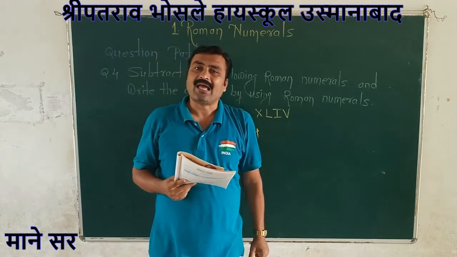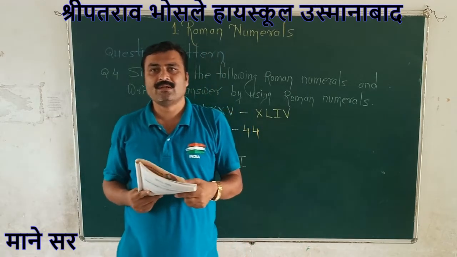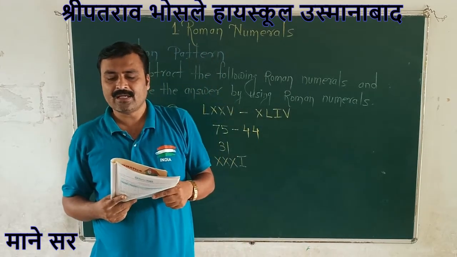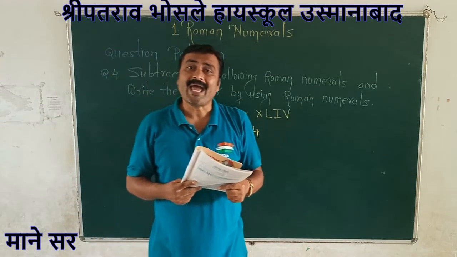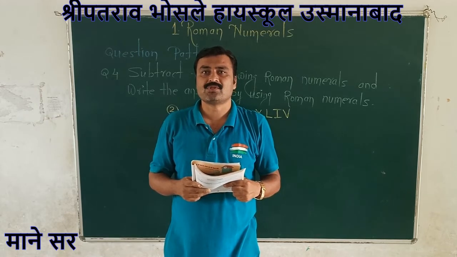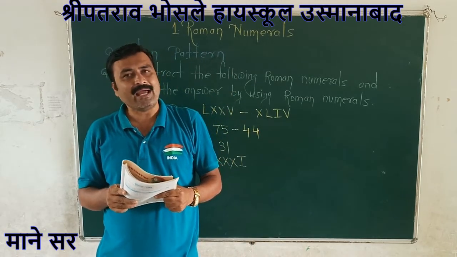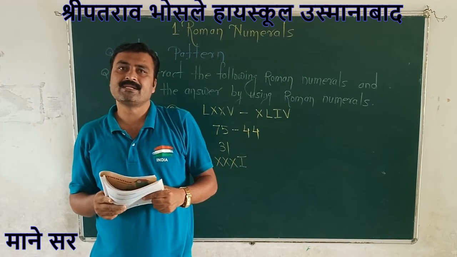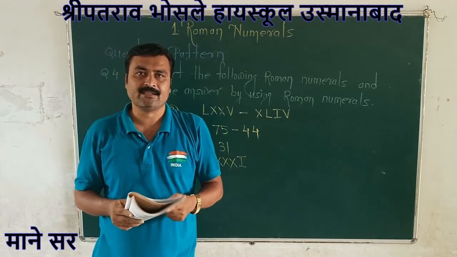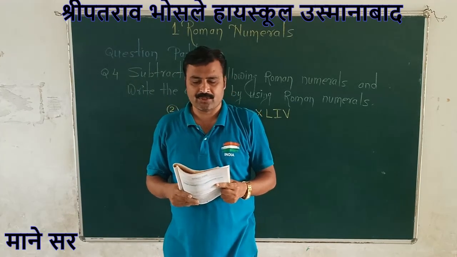Sixth example, XVI, simply represents international number 16. Thereafter, seventh example, XVIII, represents international number 18. And eighth example, IX, simply represents international number 9. So these are the 8 examples given in our second question.